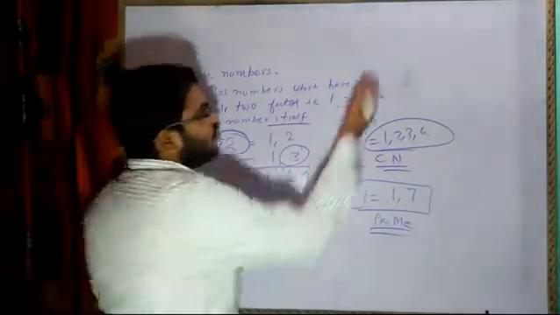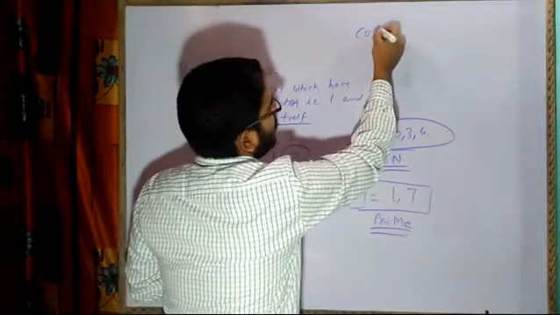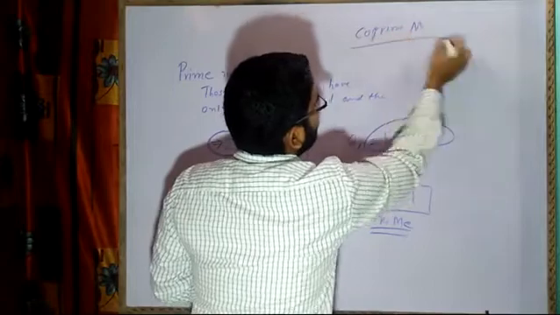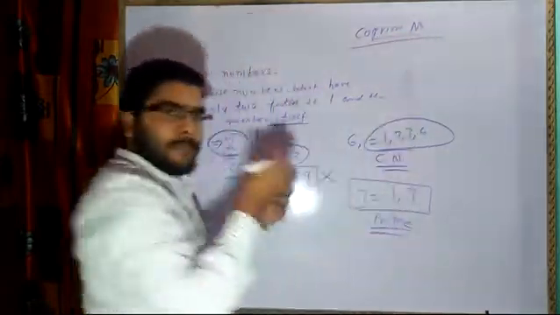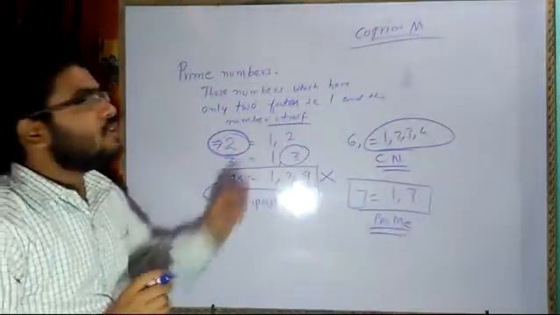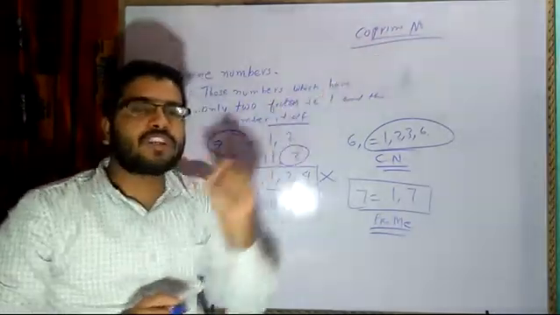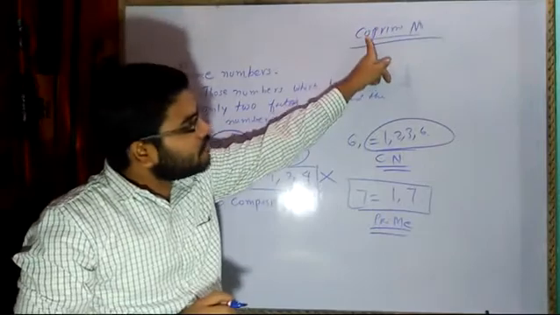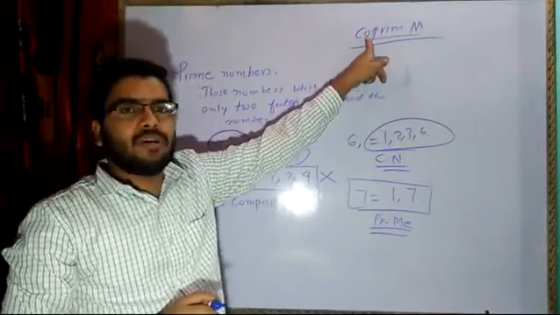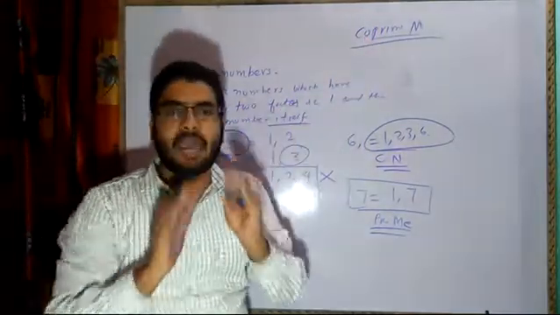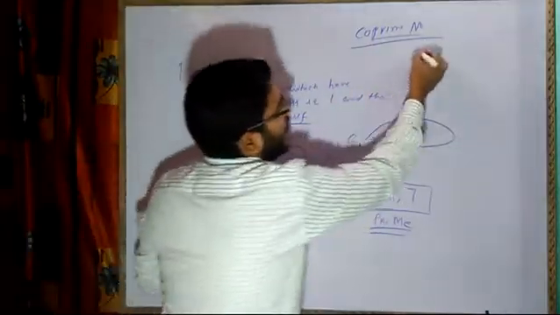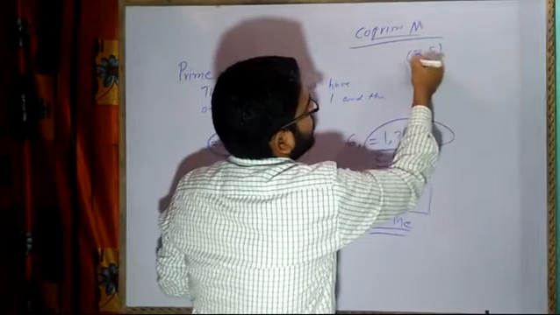Now second, what are co-prime numbers? Co-prime numbers are a set of numbers whose only common factor is always 1. Example, we have 3 and 5.